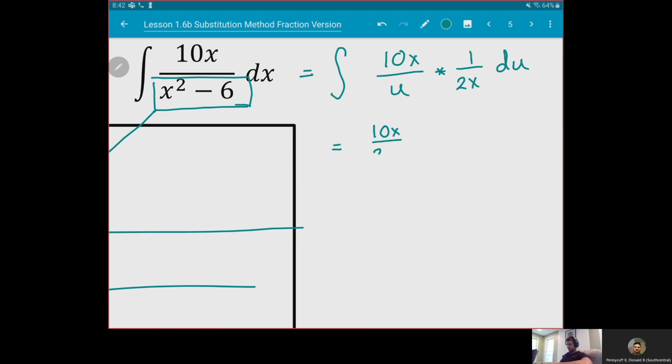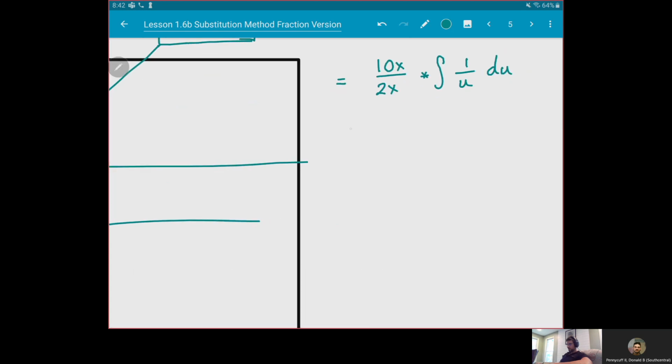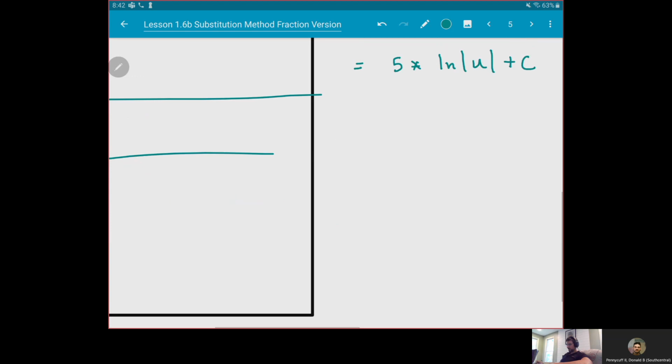Okay. So that's 10x over 2x times 1 over u du. So this is 5 times ln of u plus c. Replace back in my x squared minus 6, and I am done.